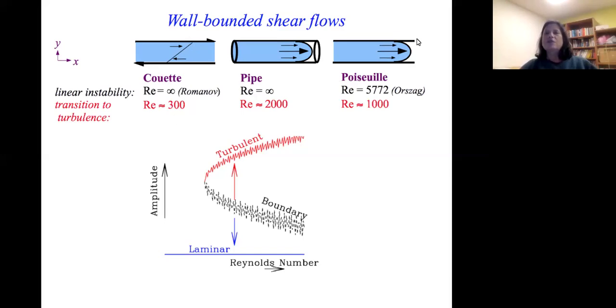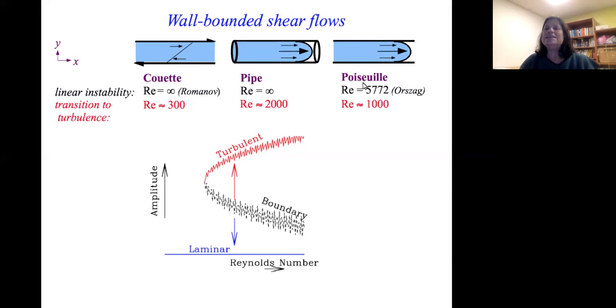And all of these flows, as simple as they are, have this big puzzle, which is to say they undergo transition to turbulence, which is not explained by a linear instability. Couette flow is linearly stable, this one here, forever, for all Reynolds numbers. Same with pipe flow.